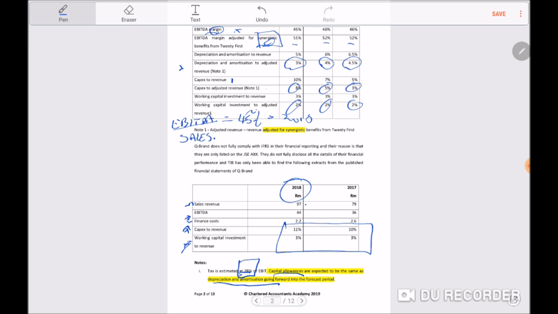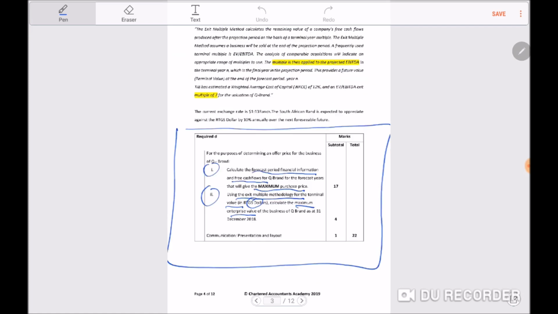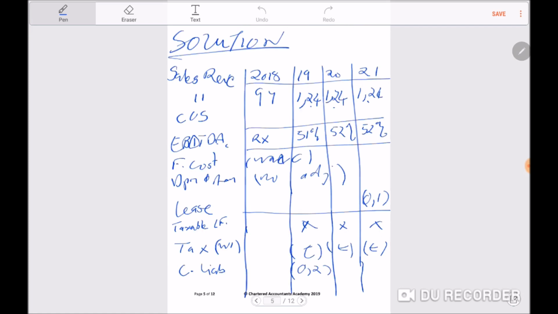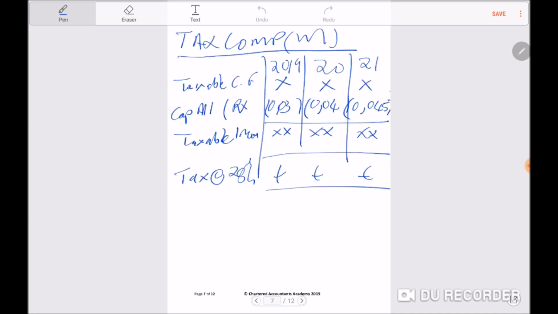So we also have two possible ways of doing this. Since the examiner said capex to adjusted revenue, we're not sure whether this is the needed or is the change. So you can either do the changes or you can do the, so let's say this is now our working two, this is now our capex.